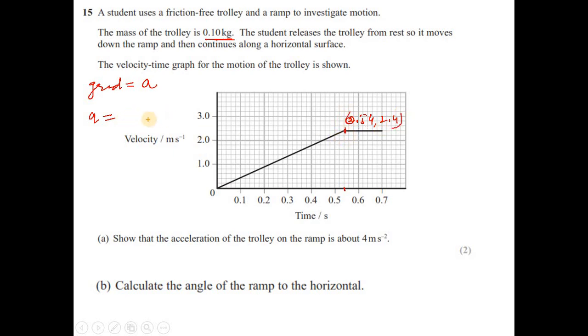So the gradient will be equal to y2 minus y1, so 2.4 minus 0 divided by 0.54 minus 0. So acceleration would be equal to 4.44 meters per second squared. This is the acceleration, which is about 4 meters per second squared.